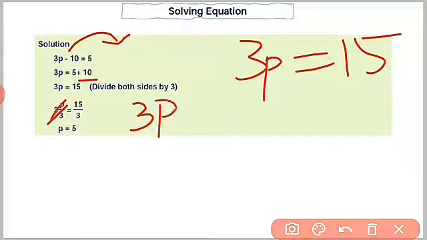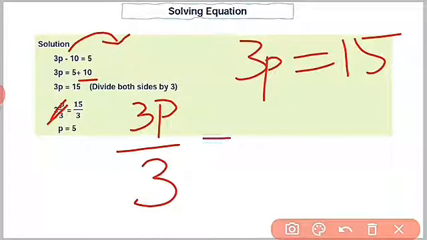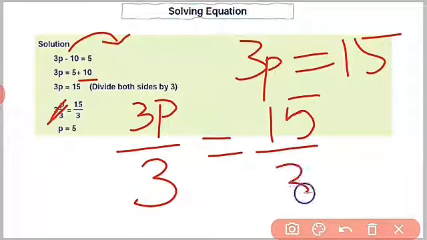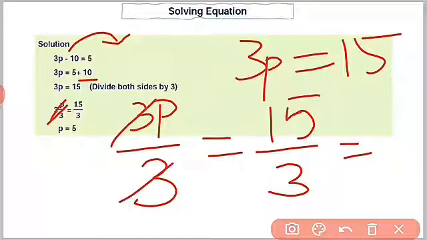So 3p divided by 3 is equal to 15 by 3. This 3 and this 3 will cancel out and we are left with p is equal to 5.